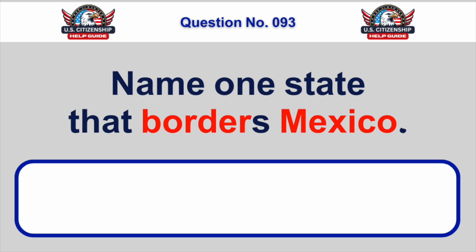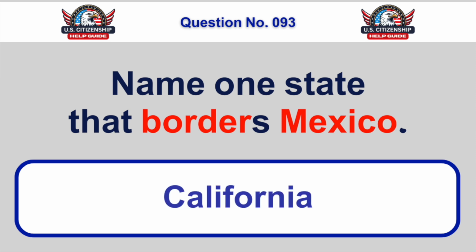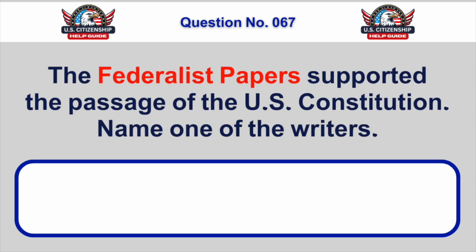Name one state that borders Mexico. California. The Federalist Papers supported the passage of the U.S. Constitution.